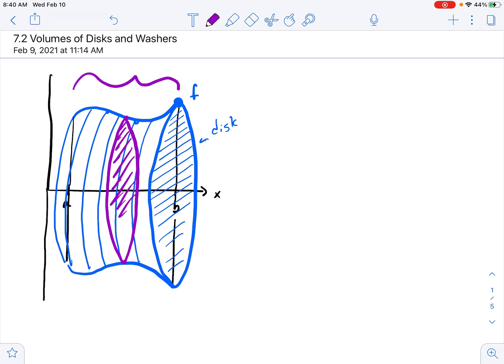I mean, think about sheets of paper stacked together. One sheet of paper is pretty darn thin, but if you put a whole bunch of sheets of paper together, you have some thickness. That's how books are made. So this is the idea, and what we basically do is find the volume of each of these infinitely many disks, and we sum up those volumes to get the volume of the entire region.